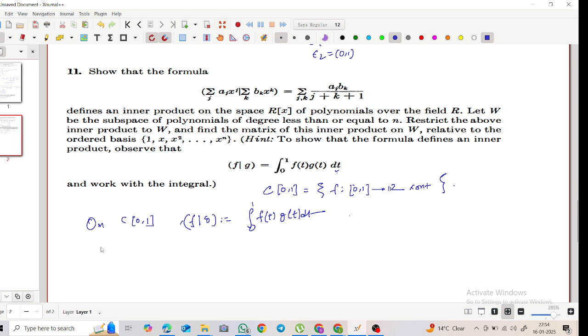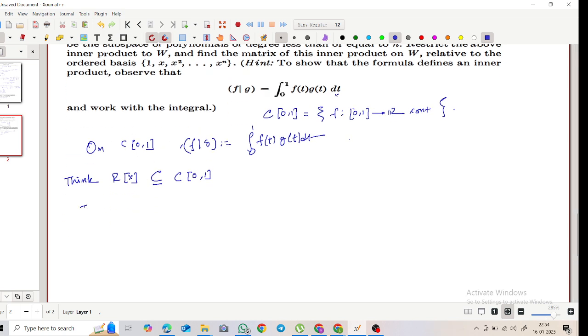Now, think R[x] to be a subset of C[0,1], because every polynomial is of course continuous. So we can think of it as a subspace.